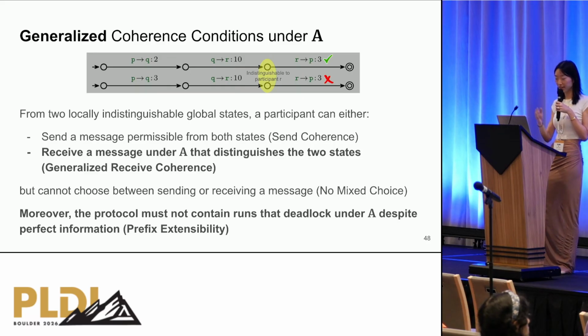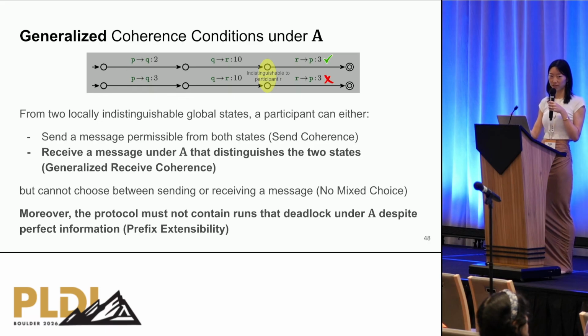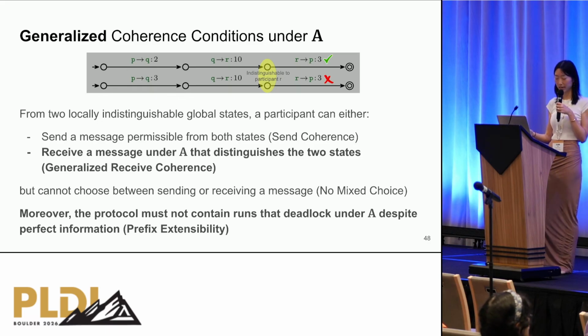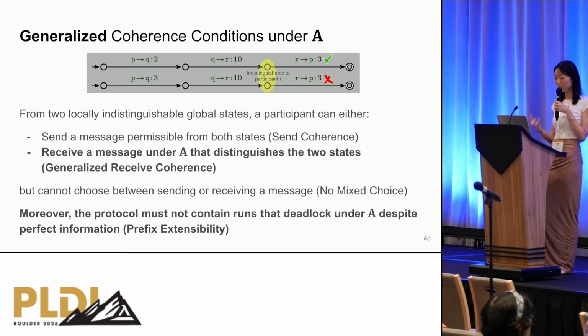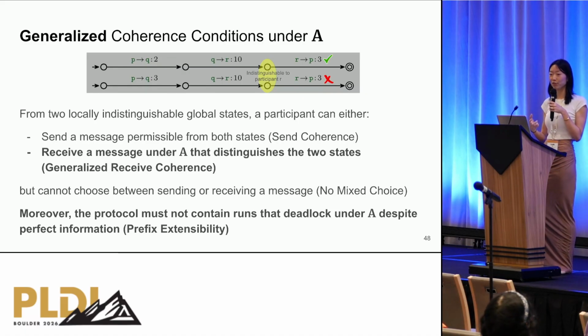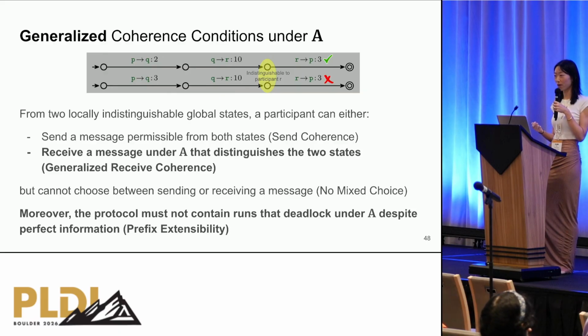The first is that the ability to receive a message is highly dependent on the network architecture. So we call the new condition generalized receive coherence that depends on a parameter A, which is the network architecture. We add a fourth condition, which intuitively says that insufficient information is the only cause of possible deadlocks or protocol violations.